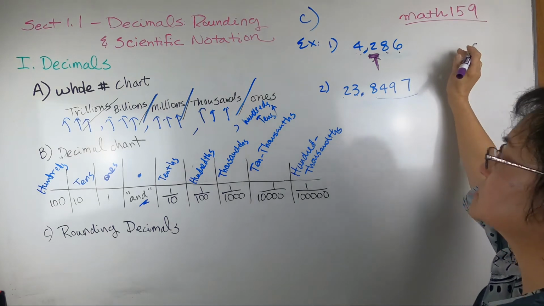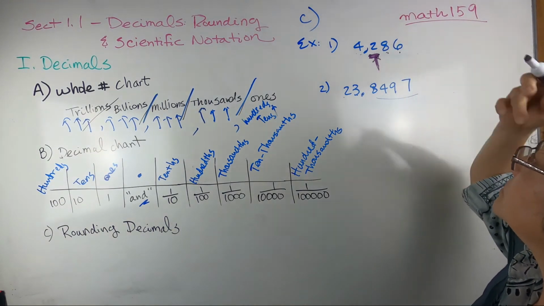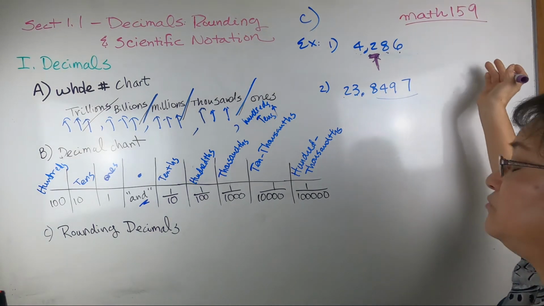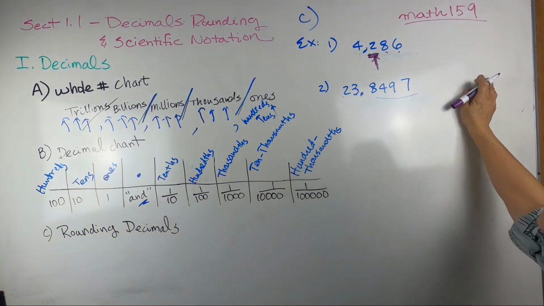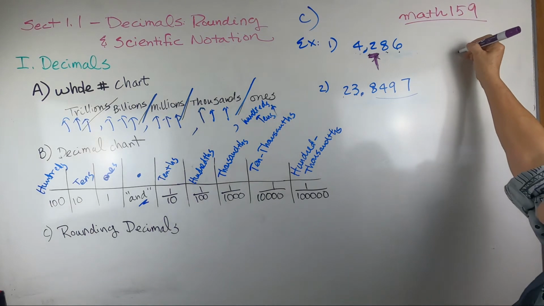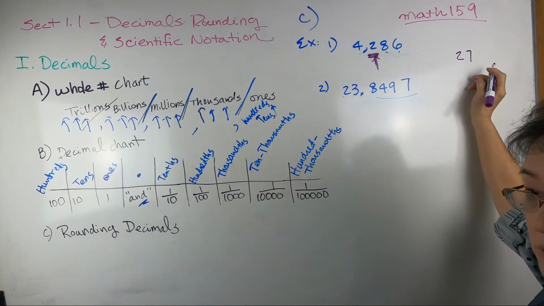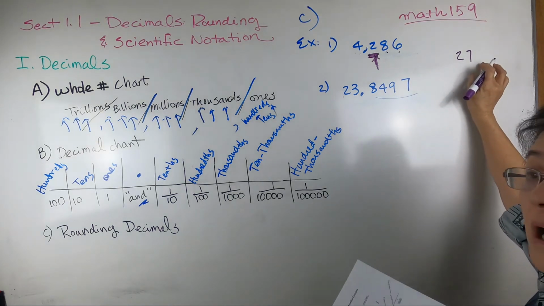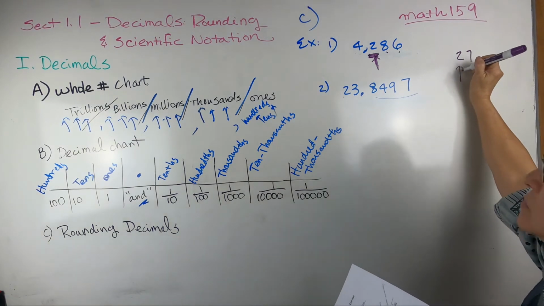Okay, so then how do you round it? For instance, why do we have to round? Okay, so if, say, you owe me $27, and you only have $10 bills.